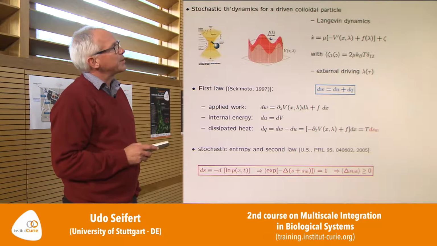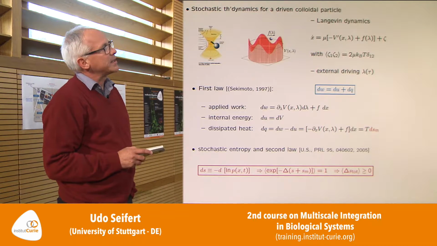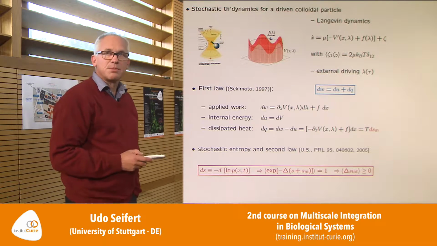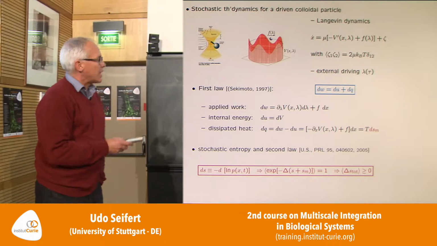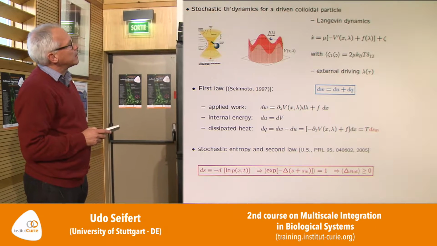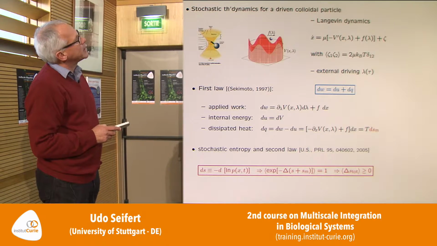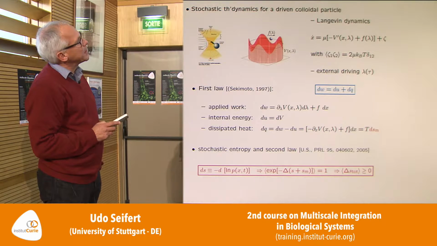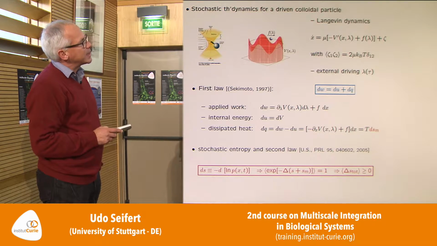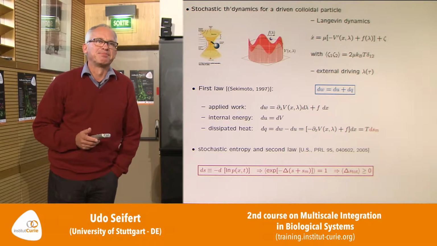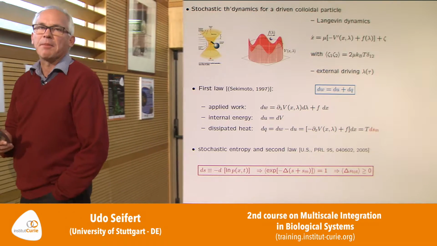And from this, by Jensen's inequality, you get that the average change of the total entropy has to be positive. Now, if you want to prove that, the best way of proving it is using the path integral representation for this dynamics, and then it's not more than 8 lines. I leave that for you as a homework problem.